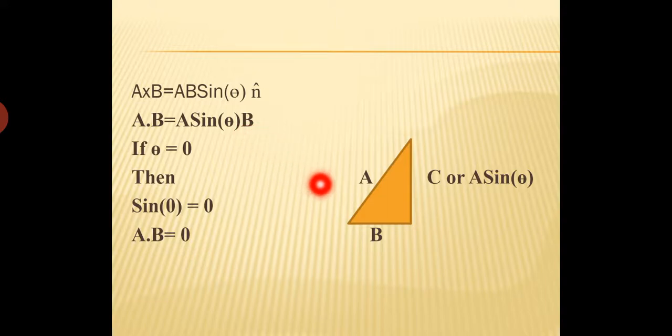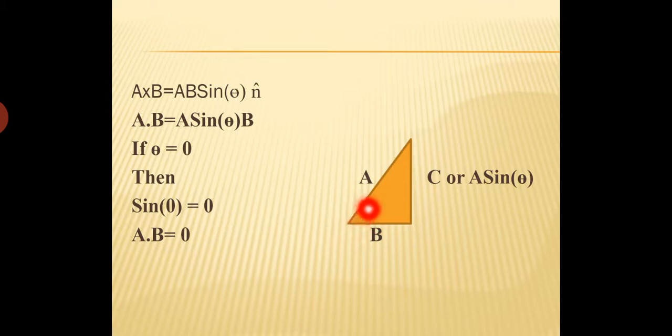And in scalar product, we have discussed that the projection of this vector A on x-axis was A cos theta. But here we will discuss the perpendicular of this vector, that is C. This one is the perpendicular.